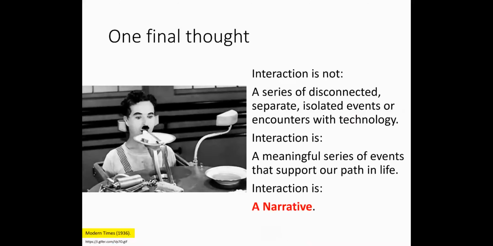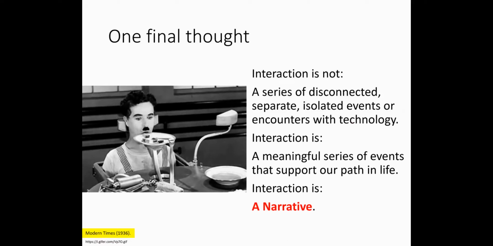Because I think what is really very important is that interaction is not a series of disconnected, separate, isolated events and encounters with technology. At one point you encounter one technical system, it does this, it does that. Then you move on, you encounter another interactive technology. It behaves in a completely different way, does completely different things.